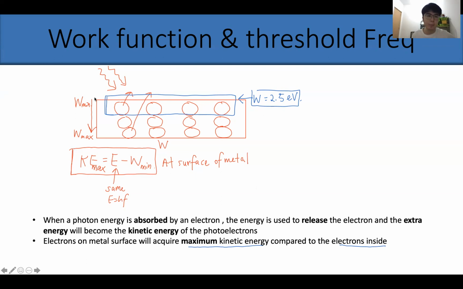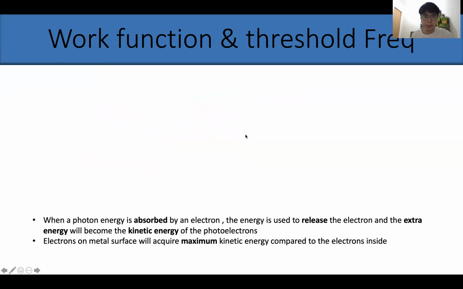Now you know why. Because the work function is different for each layer. For the work function and threshold frequency, here, the first slide.